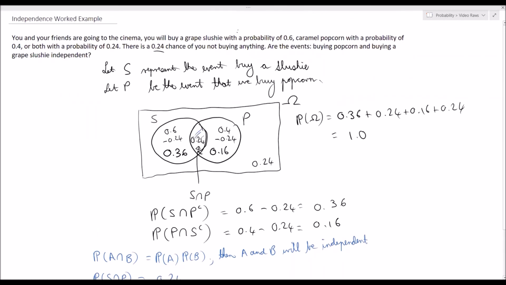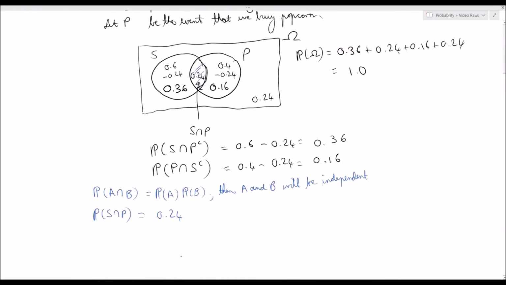So this is where our 0.24 comes from. The probability of S is equal to 0.6. The probability of P is equal to 0.4. So the product, the probability of S multiplied by the probability of P, is 0.6 times 0.4, which is equal to 0.24.